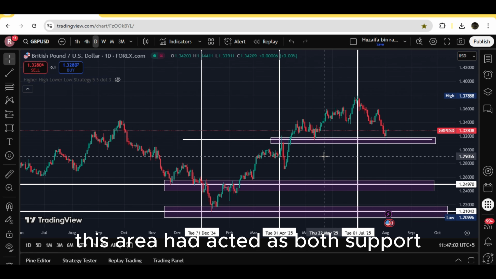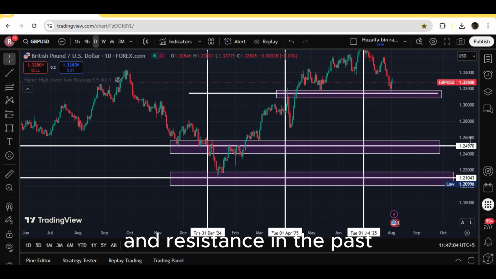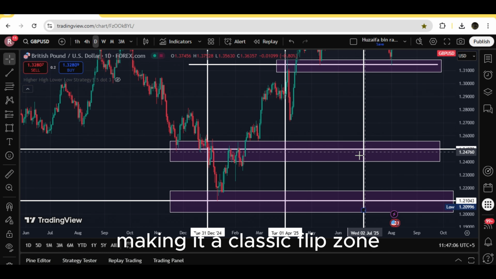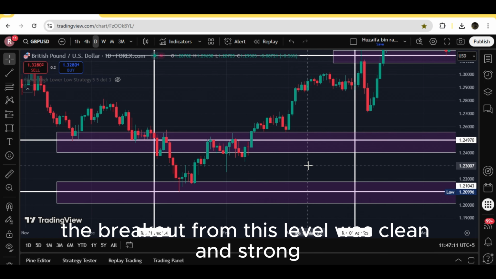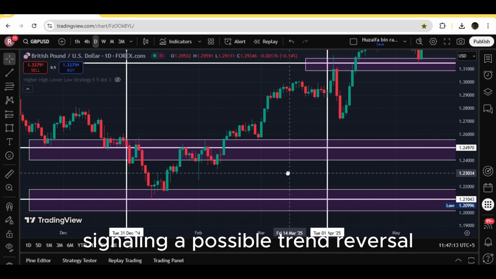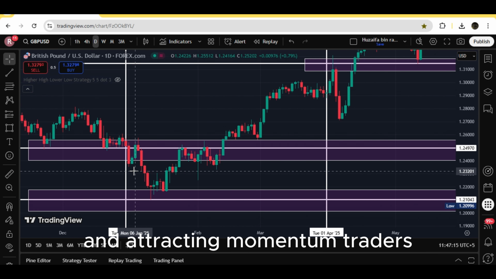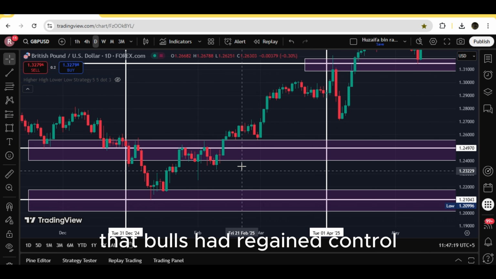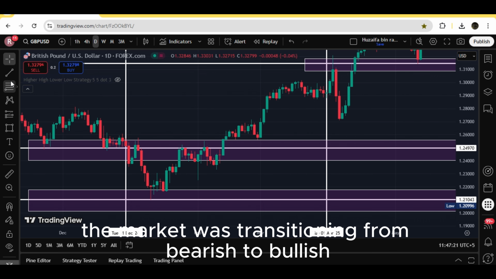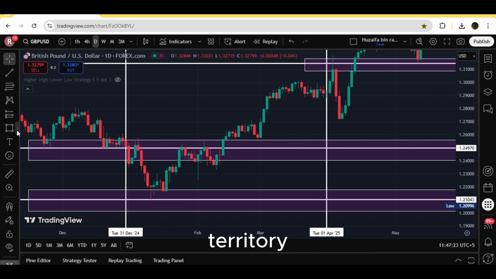This area had acted as both support and resistance in the past, making it a classic flip zone. The breakout from this level was clean and strong, signaling a possible trend reversal and attracting momentum traders. It was clear from this breakout that bulls had regained control, and the market was transitioning from bearish to bullish territory.